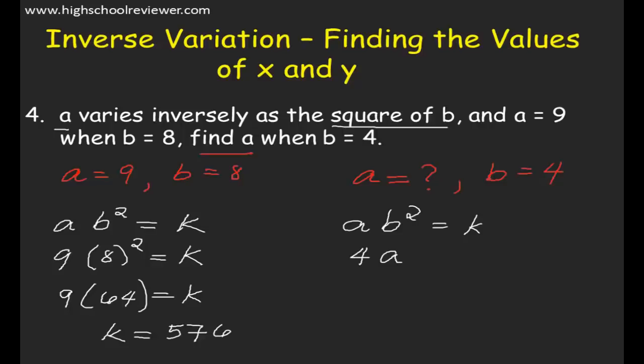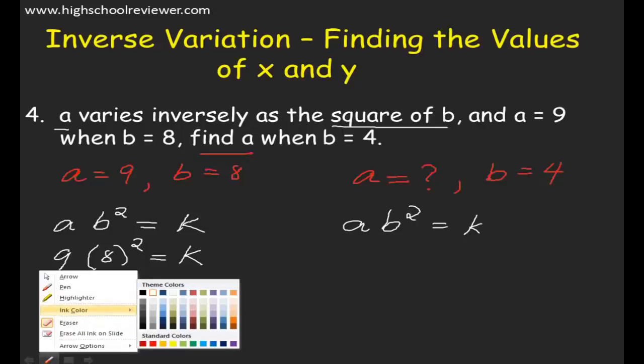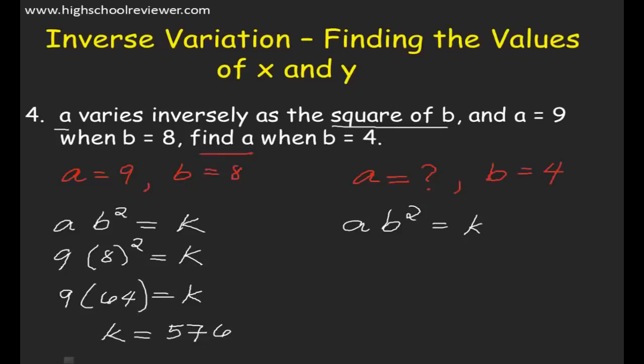So this will be 4 raised to the power of 2, since it is b squared, times a equals k, which is 576.